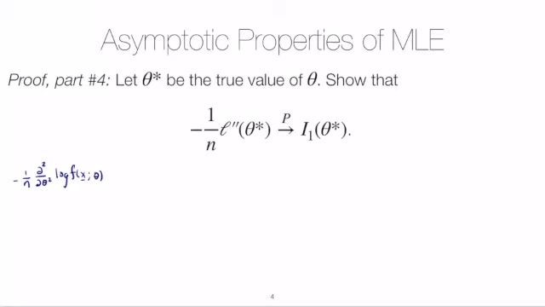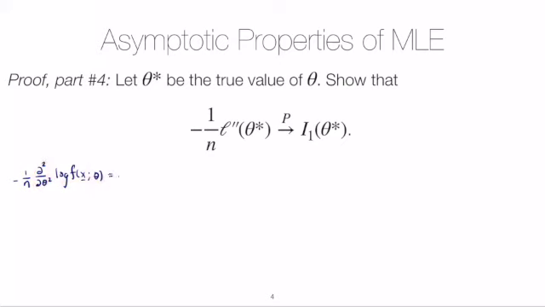And we're going to use the same trick that we used just a few moments ago, where if we have independent and identically distributed data, then this is constructed from the product of the marginal distributions. And if you have the log of a product, that's the same thing as the sum of the logs. And then, of course, you can take the derivative inside of that sum.